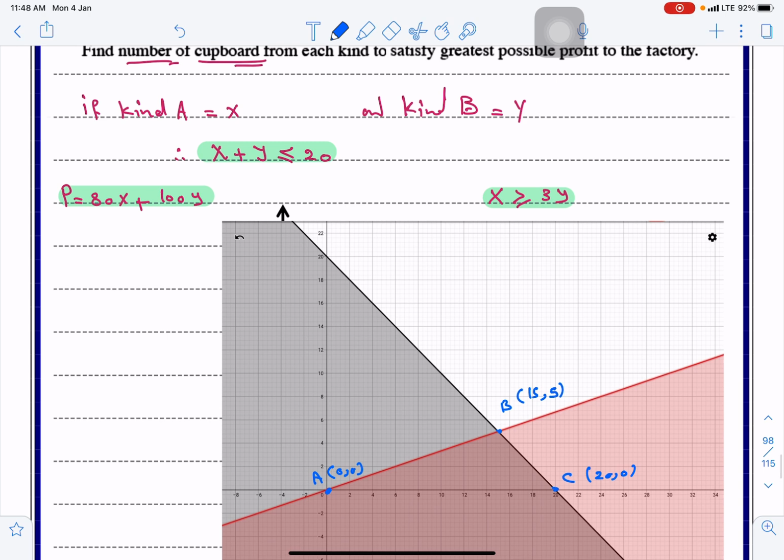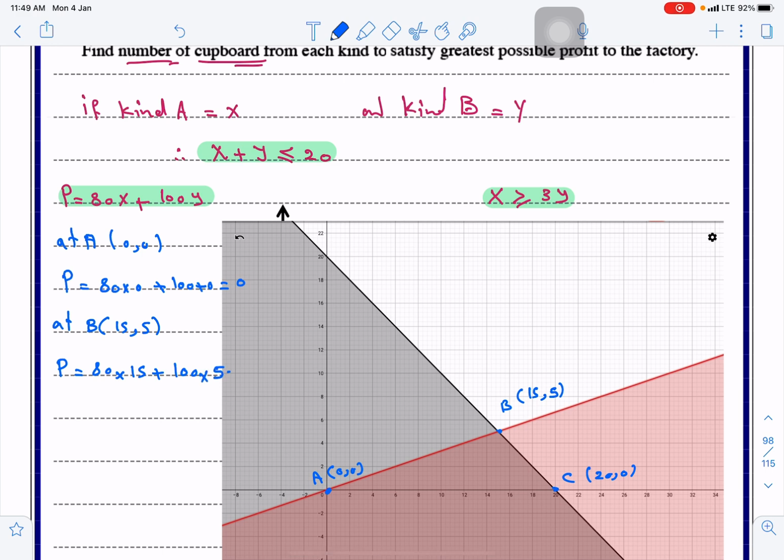By substitution at point A, 0 and 0, B equal 80 times 0 plus 100 times 0 equal 0. At point B, 15 and 5, the function equal 80 times 15 plus 100 times 5 equal 1700.